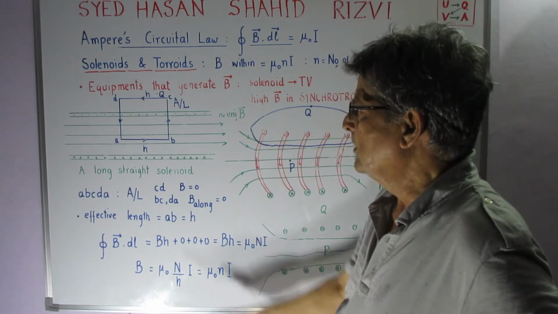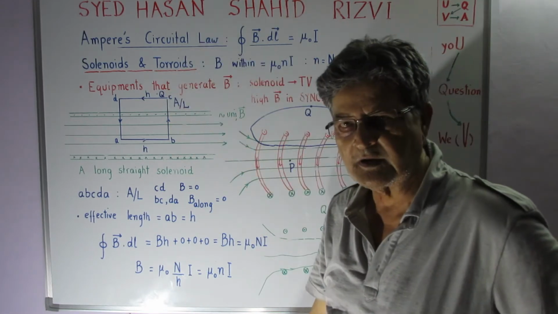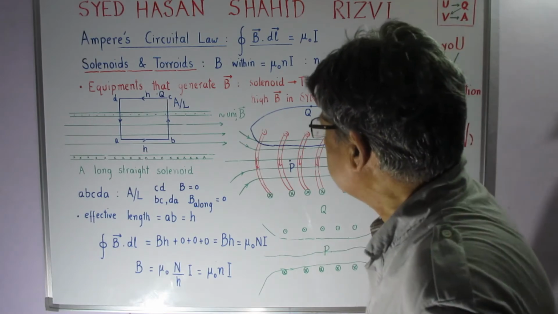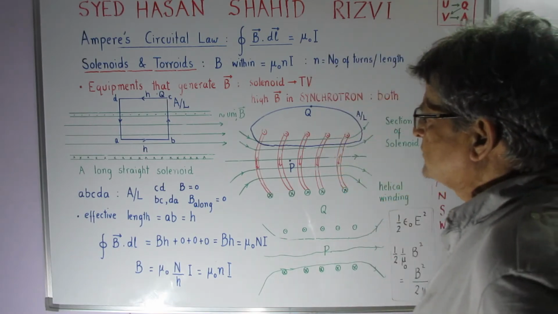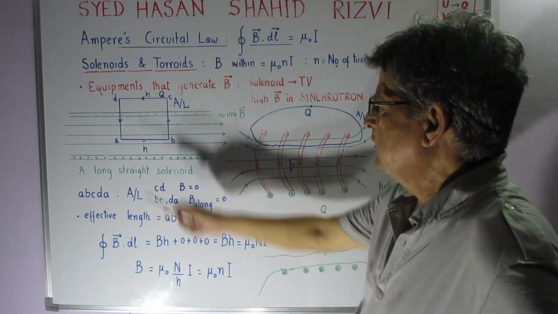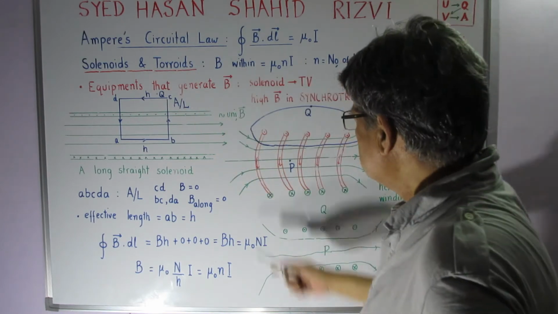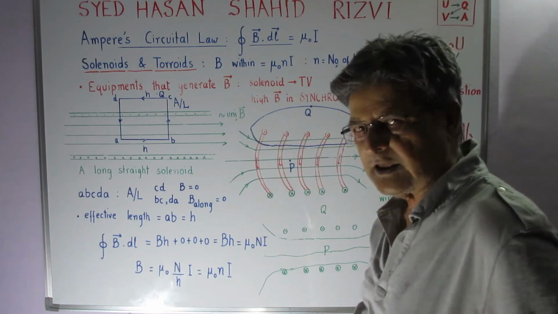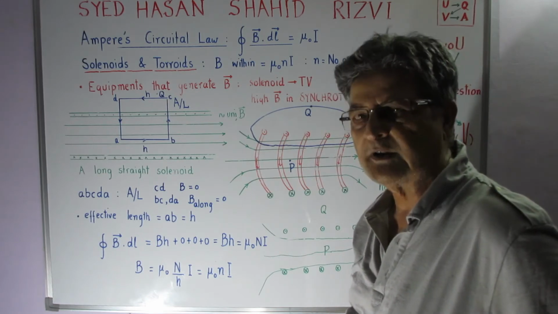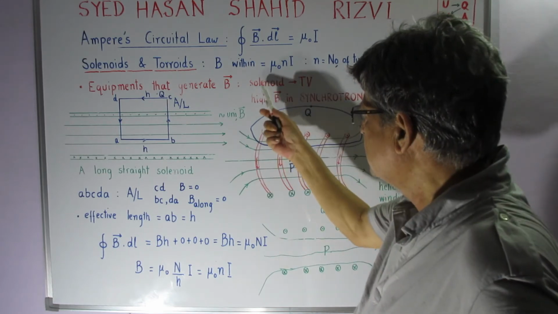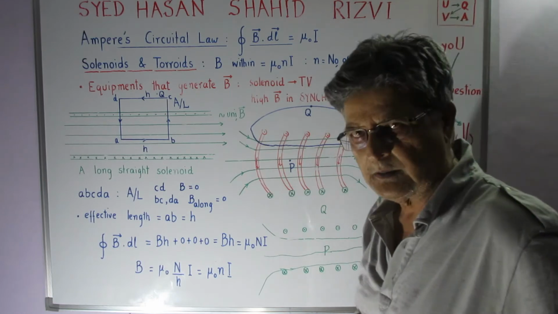Now we are going to talk about our other friend, toroid. You see that solenoids and toroids are the equipments that generate magnetic field. For example, in the television arrangement, we need a magnetic field, and that magnetic field is provided by a solenoid.